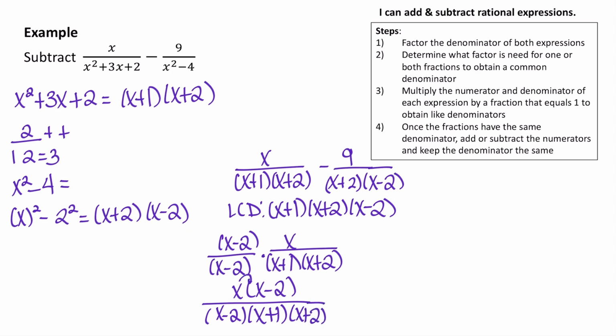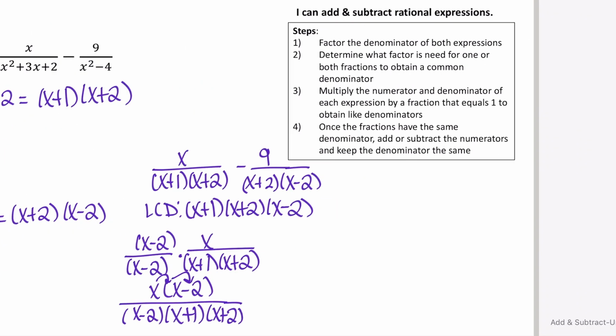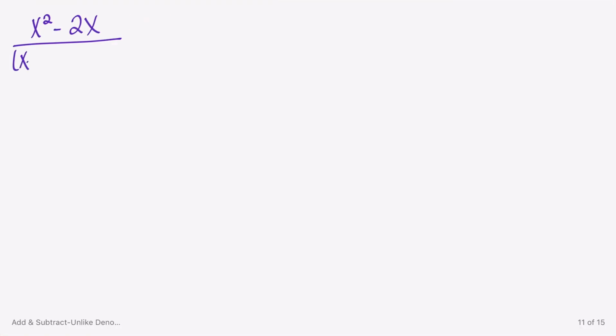So we're going to go ahead and distribute that x. So we have now x squared minus 2x over, and then all our common denominator factors. So we have x minus 2 times x plus 1 times x plus 2.